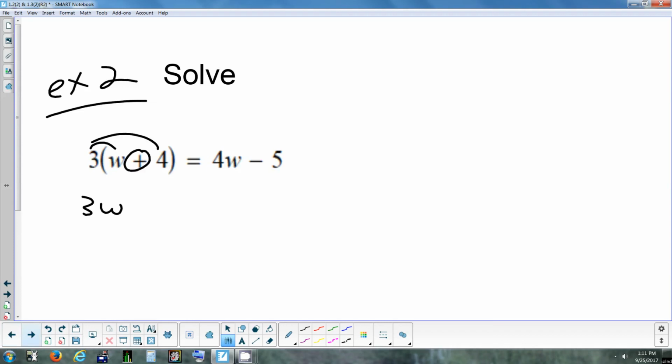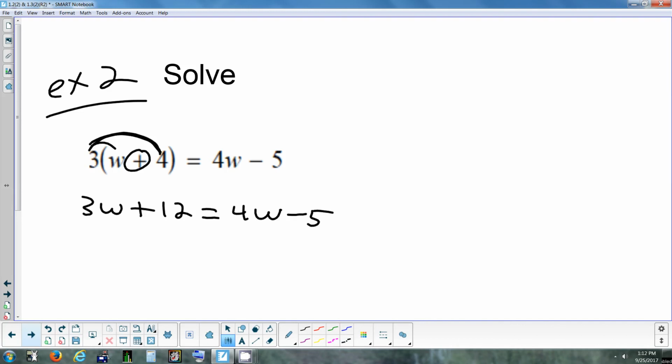Plus, I like that. She copied down the plus sign. Plus 6, or 7. Now, careful. What are you doing with the 3 and the 4? What operation? Multiplication. So, 12. Good.